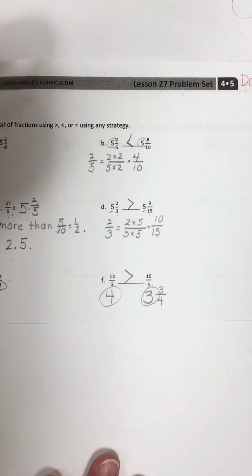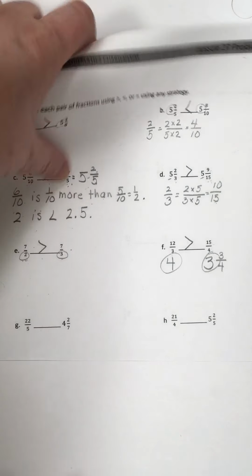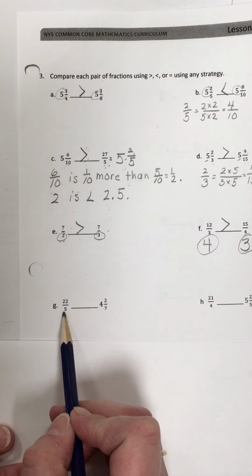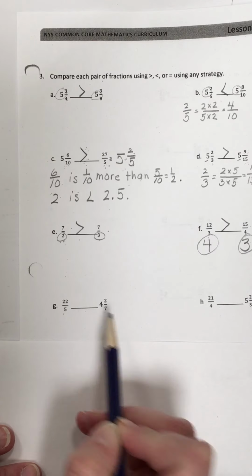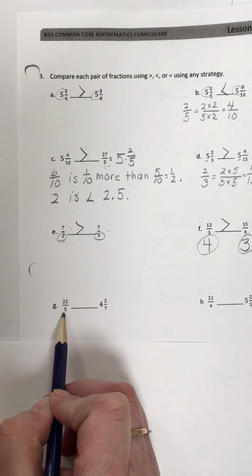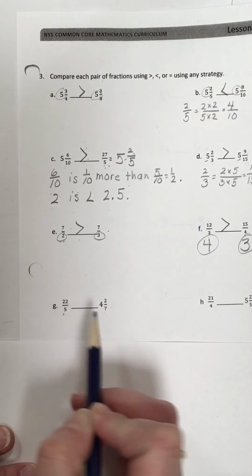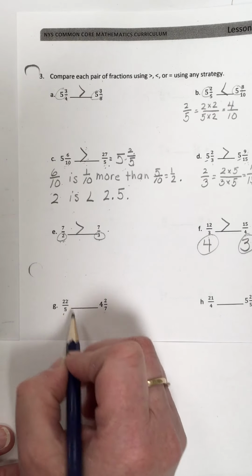Let's go down to G. We are comparing 22/5 to 4 2/7. We're comparing an improper fraction to a mixed number. So I want to turn this into a mixed number. I'm going to do 22 divided by 5.